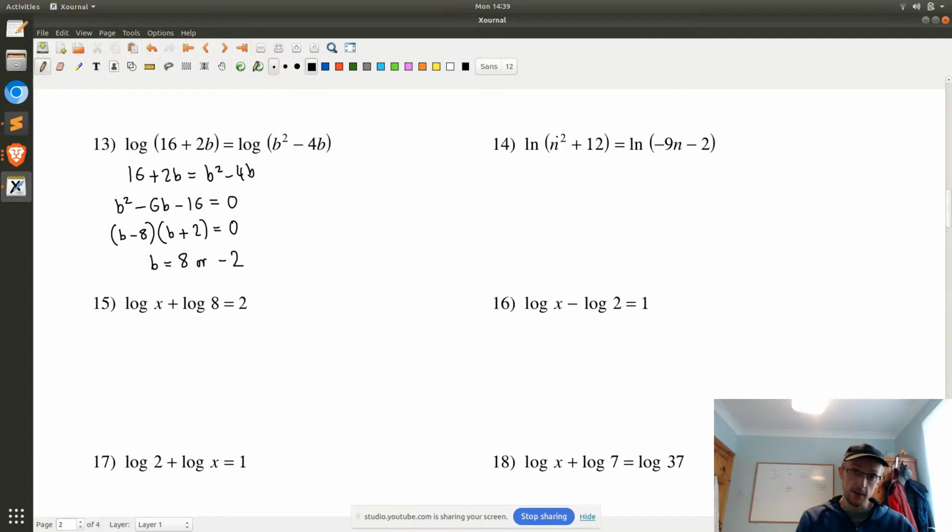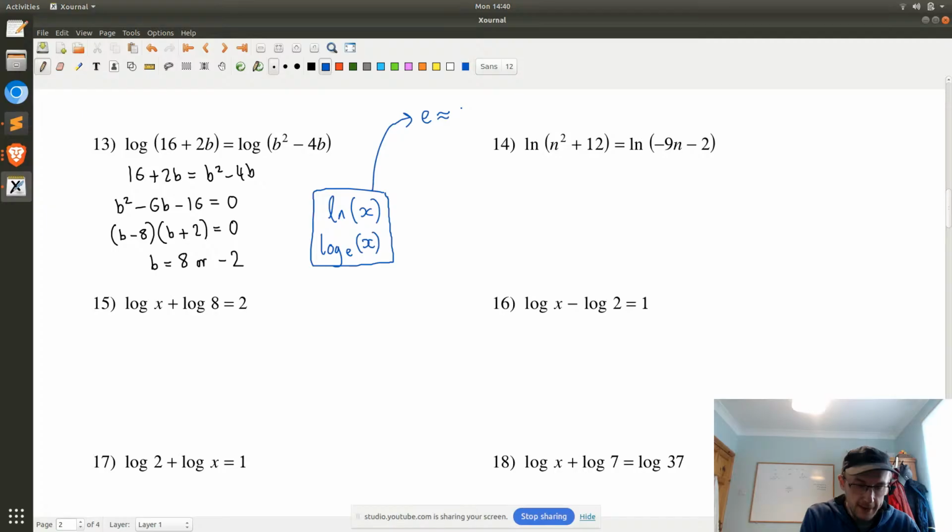Natural logarithms of both sides. That's what this is saying. And to remind you, ln of whatever is actually just log base e of whatever. These mean the same thing. And e is that superstar number in mathematics, second only to pi in terms of famousness.